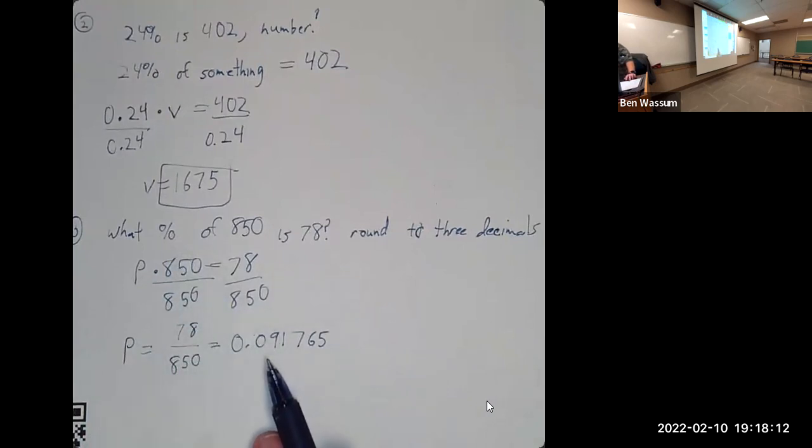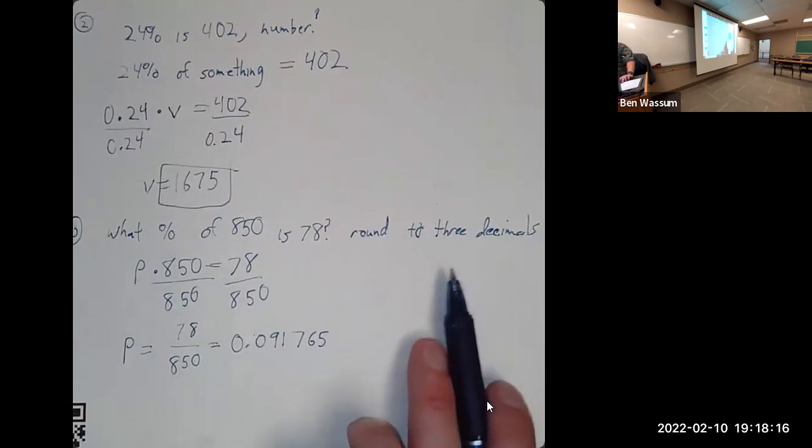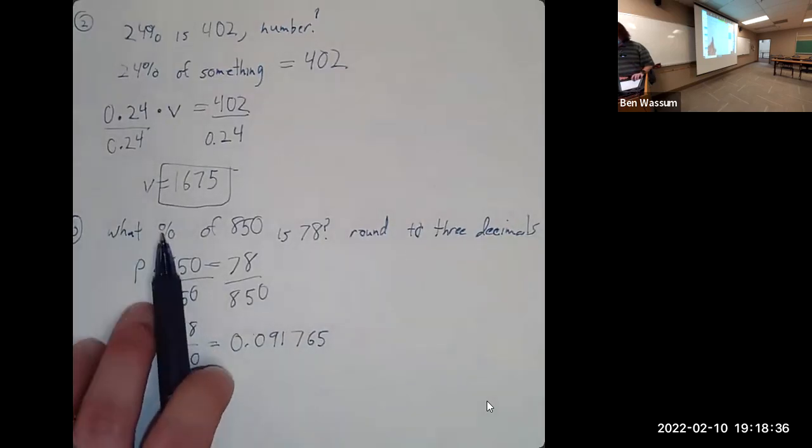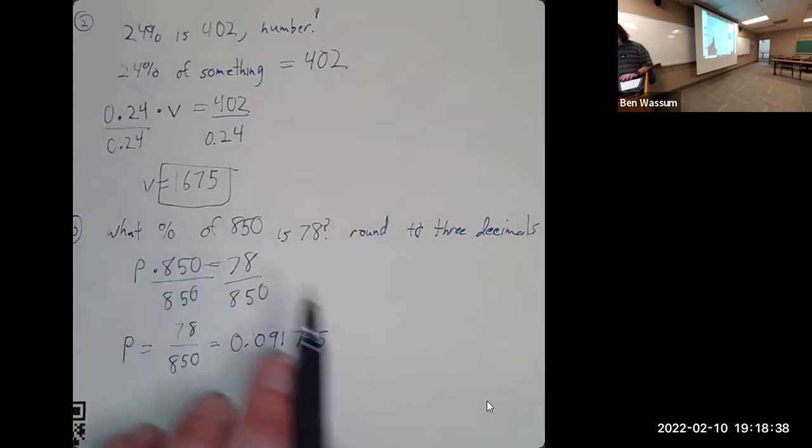If I converted it to a percentage first and then rounded to 3 decimal places, my answer will have 3 decimal places in it. If I rounded right now, and then I converted it to a decimal or a percentage, I would only have 1 decimal place. So generally, you want to get to the point where you're done before you round.